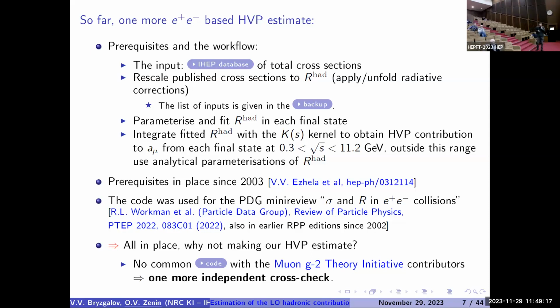So ideologically, we do not differ much from other groups making the same estimates, but our estimate is, I think, not completely useless, because we do not share any common program code with other groups. So our estimate can be considered as an independent cross-check.